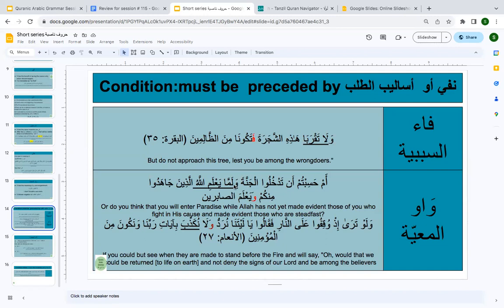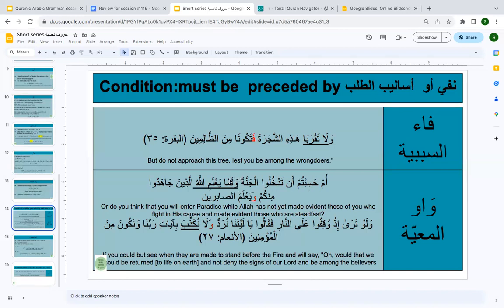But for Wawul Ma'iyya, are we seeing anything before? If I call this one Wawul Ma'iyya, is there any reason for it to be Wawul Ma'iyya? Do we have anything that is preceding it, either nafi or any asalibut talab preceding this waw, the first waw?